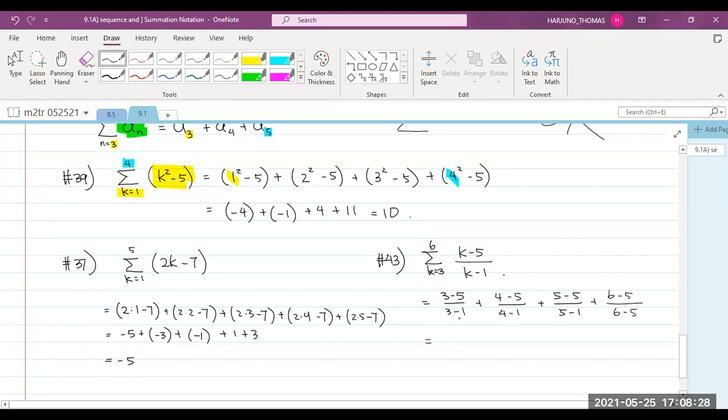That will be -2 over 2, that's -1. This is -1 over 3. This is plus 0 plus 1.